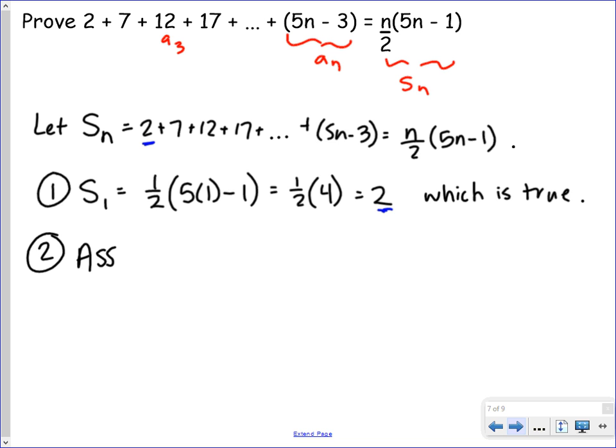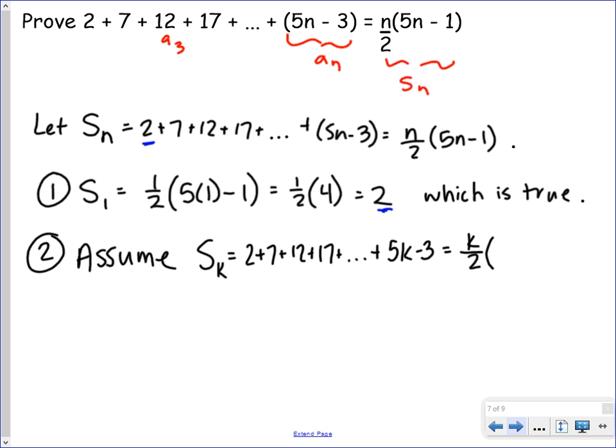Okay, step 2, inductive step. Always start the inductive step with assume. We're going to assume that S sub k is equal to 2 plus 7 plus 12 plus 17 plus up to 5k minus 3, and that's equal to k divided by 2 times 5k minus 1. We've already shown that it works for the first step.